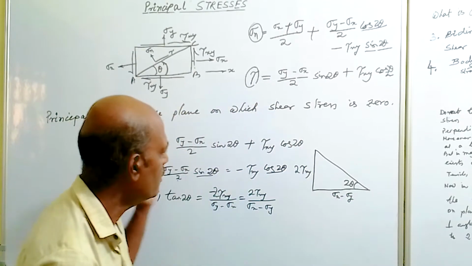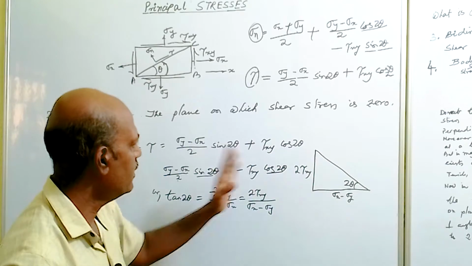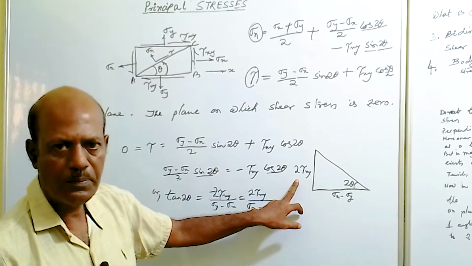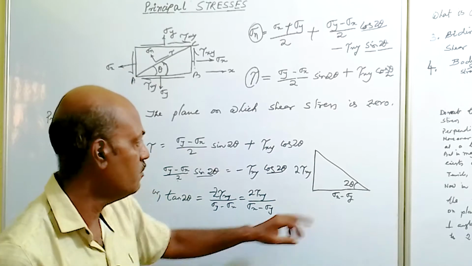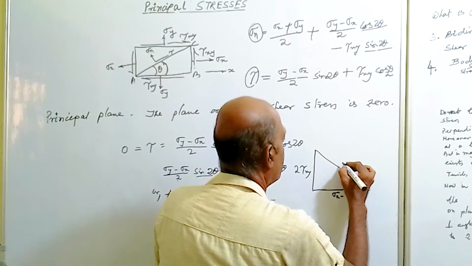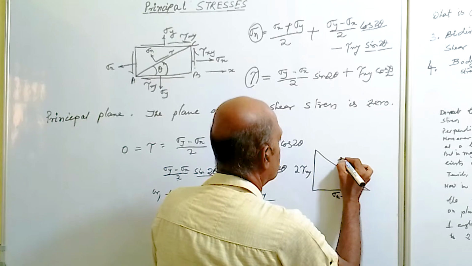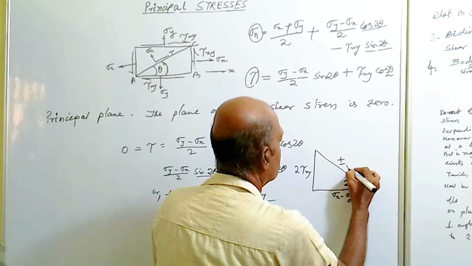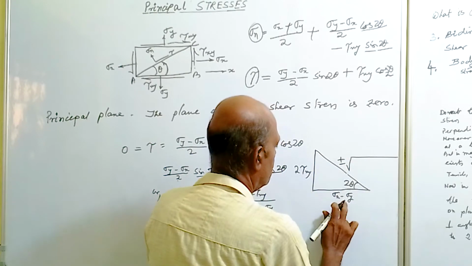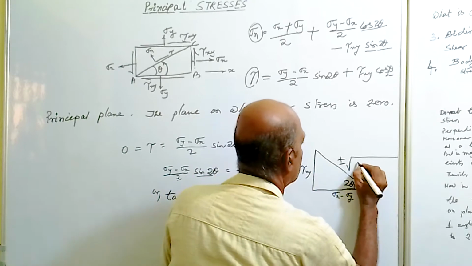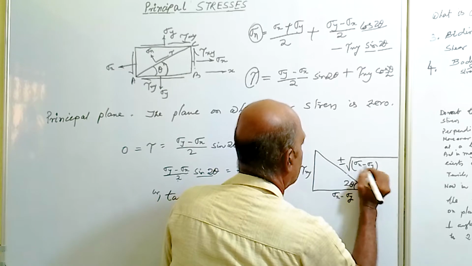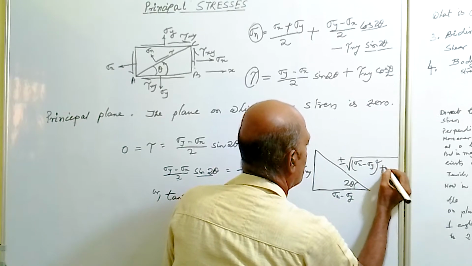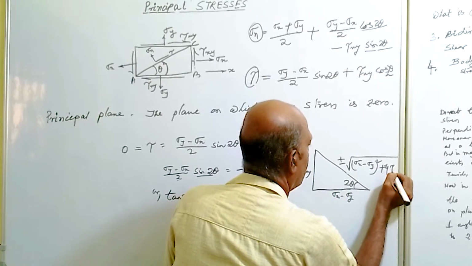So geometrically tan 2 theta equals 2 tau xy, perpendicular, by base value sigma x minus sigma y. Then the hypotenuse becomes plus or minus the square root of this value squared plus this value squared, or we can write, square root of (sigma x minus sigma y) whole square plus 4 tau square xy.